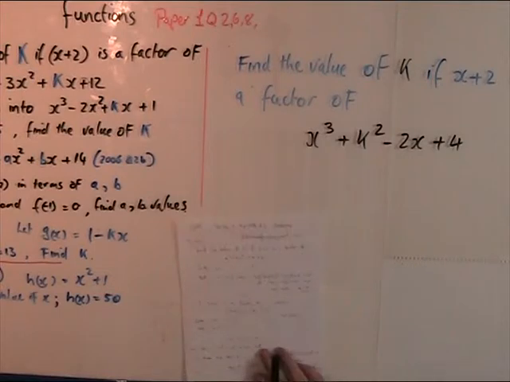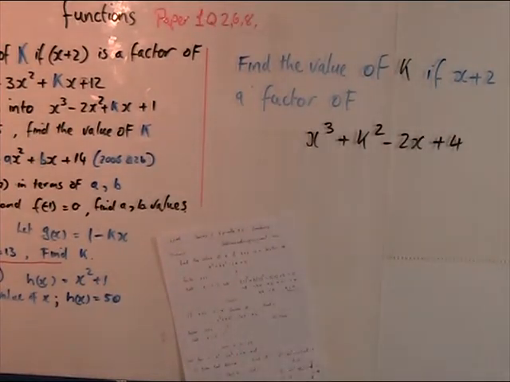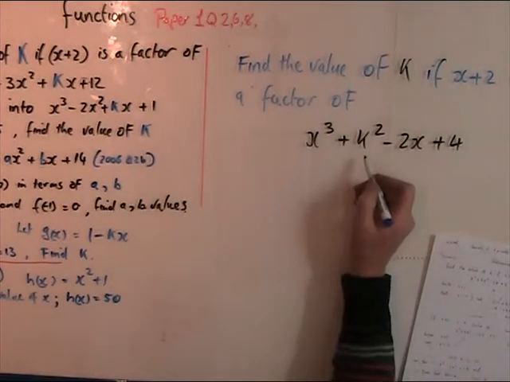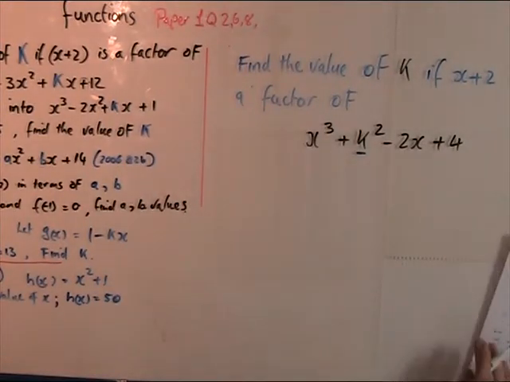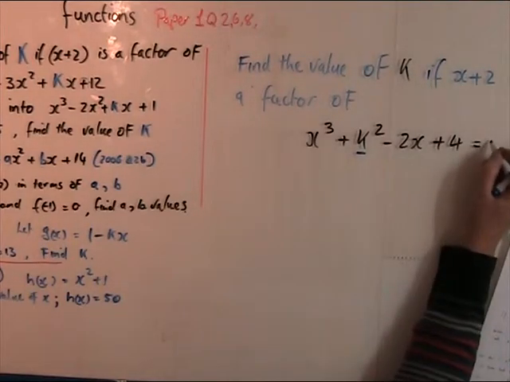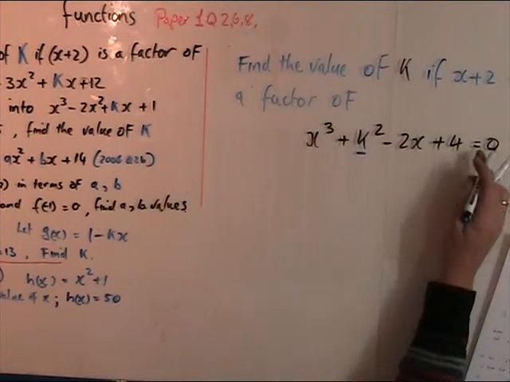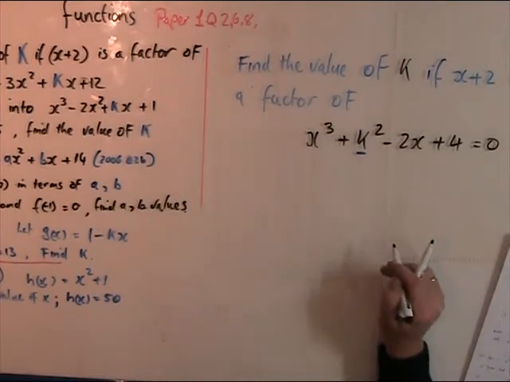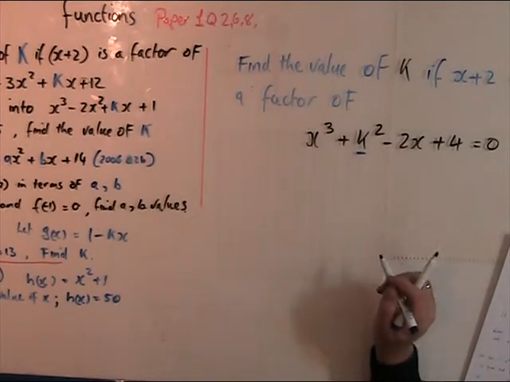Now, find the value of k if x plus 2 is a factor of x cubed plus k squared x, this is the one we're looking for, minus 2x plus 4. And it gives you that. Now you put it in and you go equal to 0. Now that didn't give me that, okay, but I know it's equal to 0 because it would have told me otherwise.